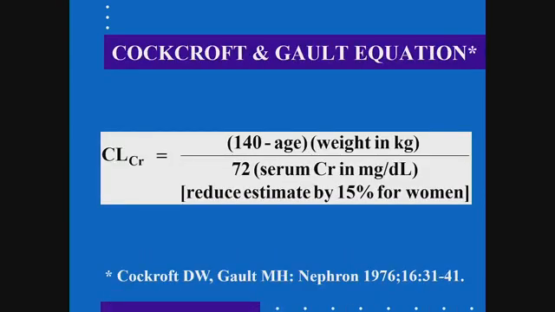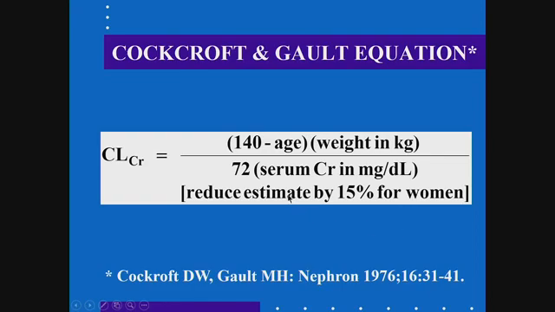Now, we don't often do creatinine clearance determinations and collect urine for 24 hours, and a number of equations have been developed over the years to estimate the clearance of creatinine, in the case of the Cockcroft and Gault equation that has been in use since the 1970s. And you have these parameters here that consider age, that consider weight of the individual, and of course the serum creatinine concentration in milligrams per deciliter.